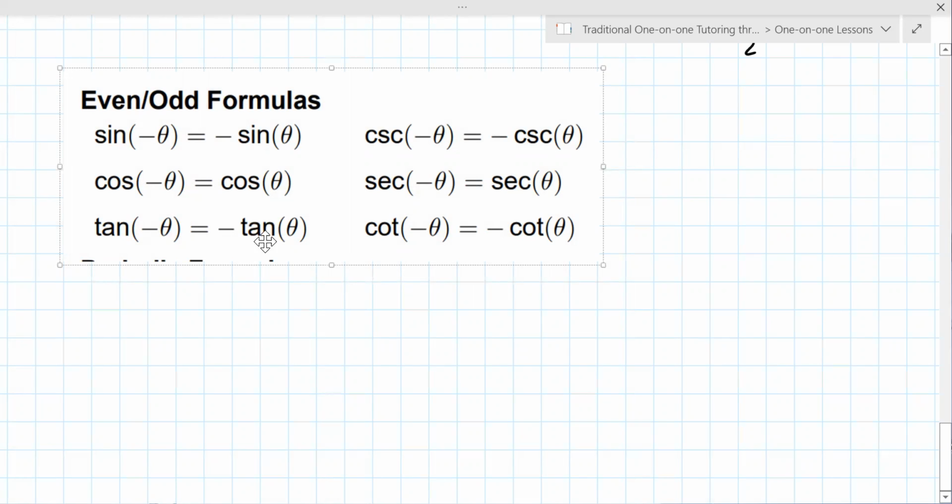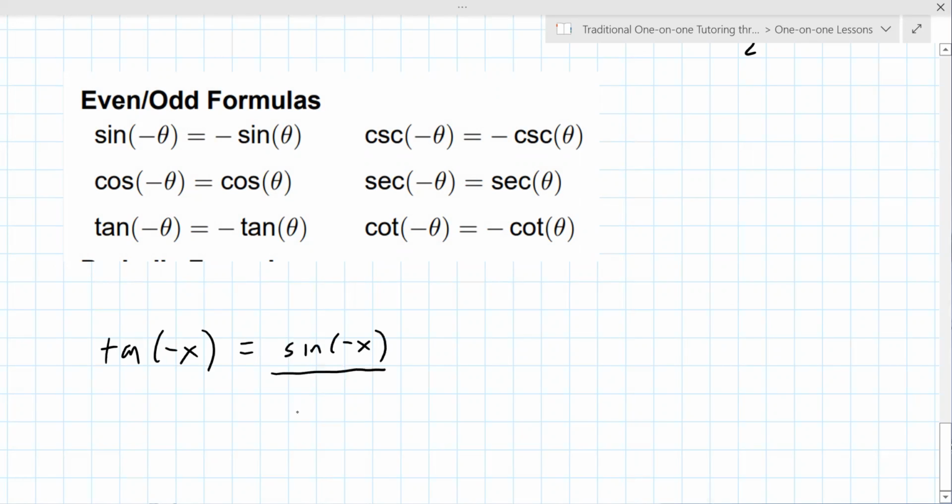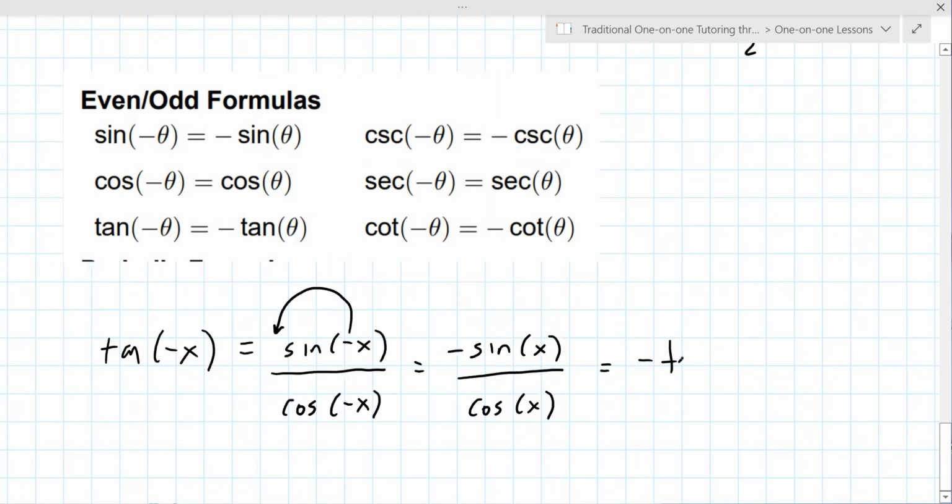We kind of did tangent already, because tangent of minus x is sine of minus x over cosine of minus x. That negative comes out for sine, but it goes away for cosine, which is why it becomes minus tangent x.